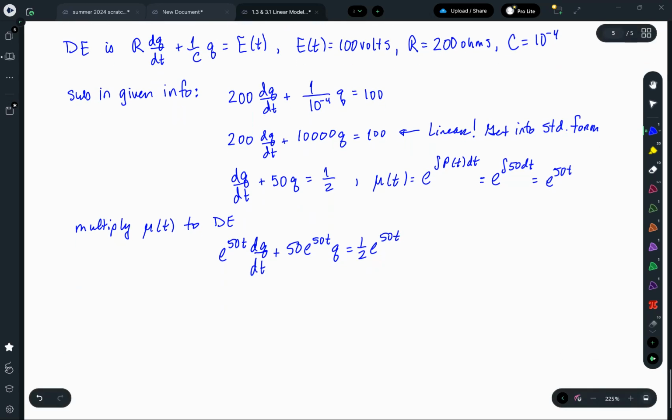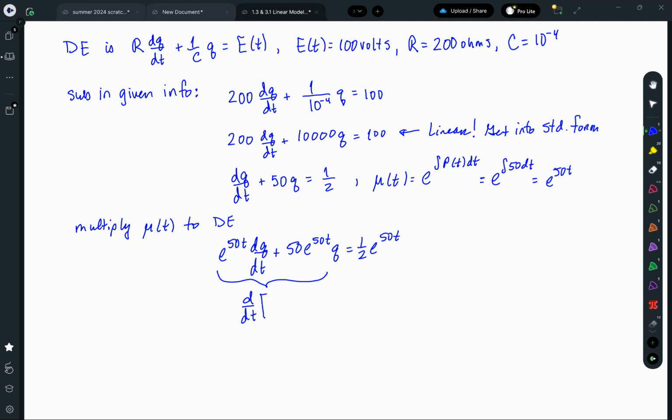On the left-hand side, this is the result of taking a product rule derivative of e to the 50t with q. The derivative of e to the 50t is 50 e to the 50t times the q, that's the second term up above, plus the derivative of q with respect to t, which gives us an e to the 50t with dq dt. On the right-hand side, things stay the same, 1/2 e to the 50t.